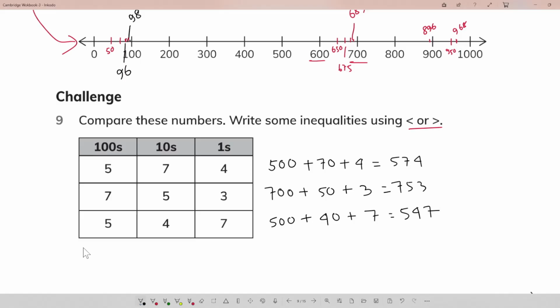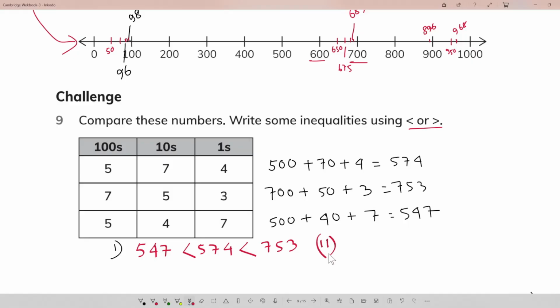Now we are using the less than and greater than sign. First we use less than. It means first the smallest one. Which is the smallest one? This is our first answer. Here 547 is less than 574, which is also less than 753.